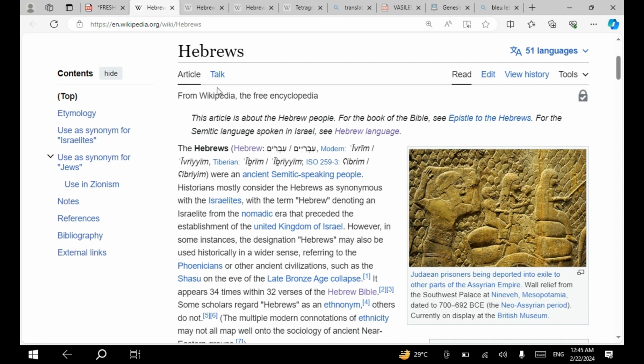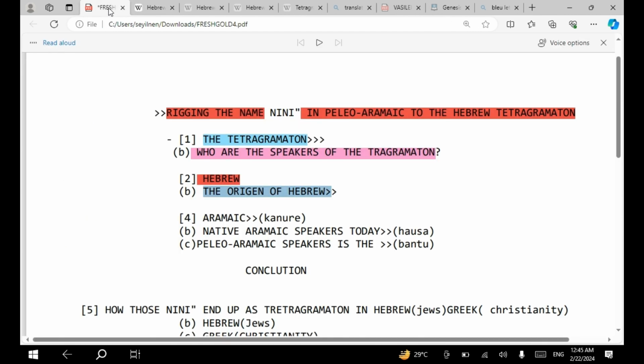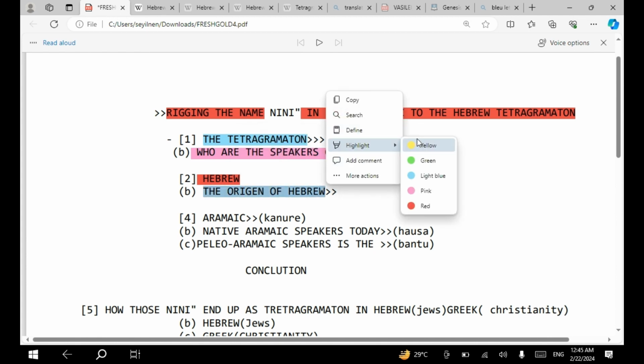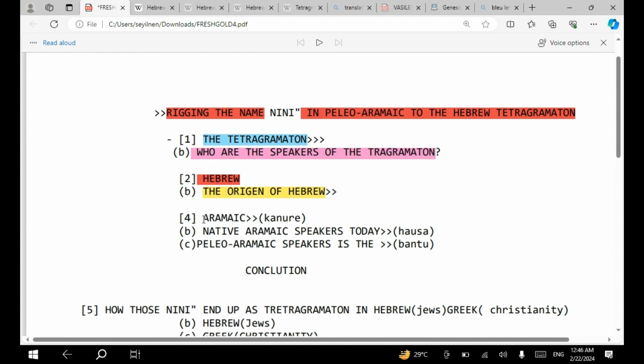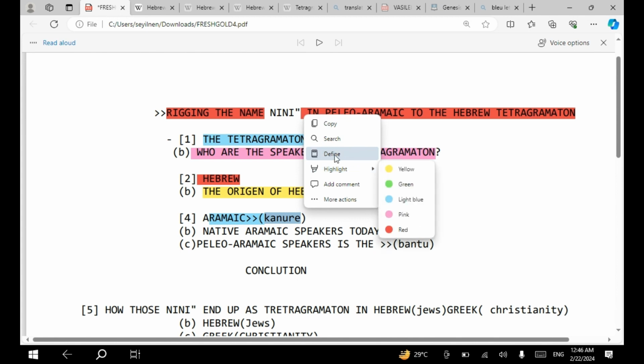We are coming back to the origin of Hebrew, but let's go back to the Aramaic, which I prove to you is the word in the Kanuri language, right? The Aramaic, which is the word in the Kanuri language. Kanuri.